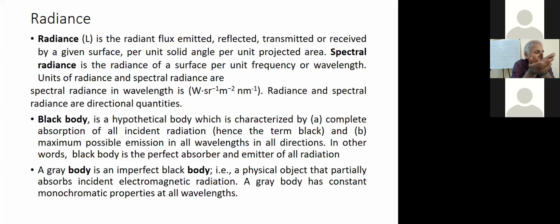So what will happen? The part which it doesn't absorb, it can possibly reflect back. That is one way. The gray body has another important characteristic, that it has constant monochromatic properties at all wavelengths. So the properties of the gray body do not essentially change with change of wavelength. That's a very important characteristic of a gray body.